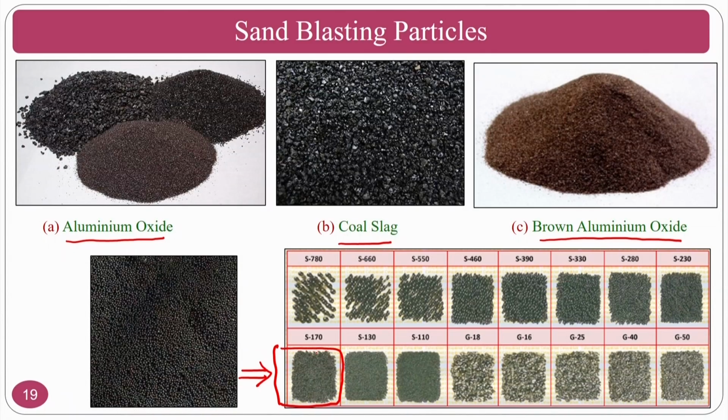S780 has big size particles, or big size spheres, which are made up of metals. As you decrease the number, the number of particles per unit area increases, so the number of spheres increases. At the same time, you can use other abrasive particles also for sandblasting applications.